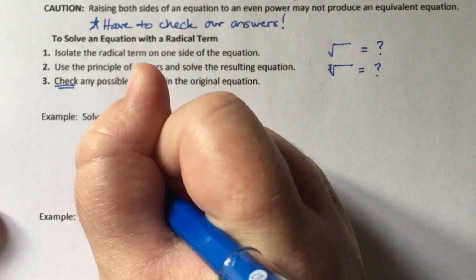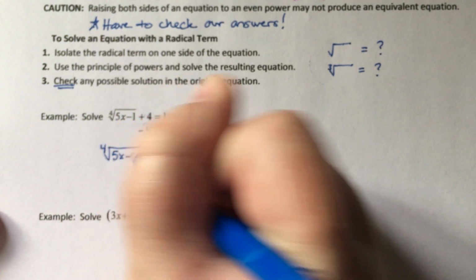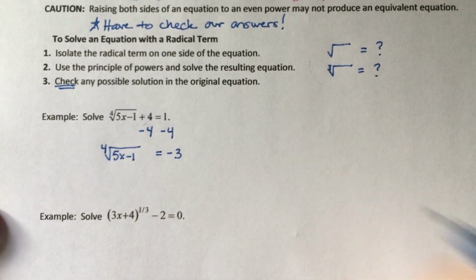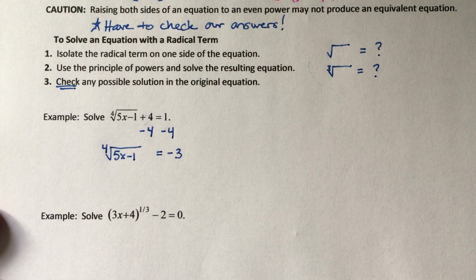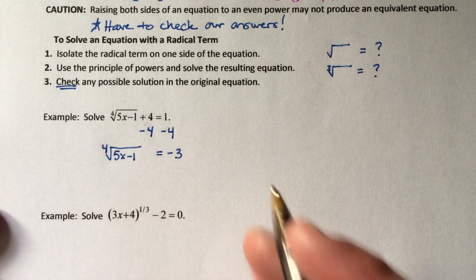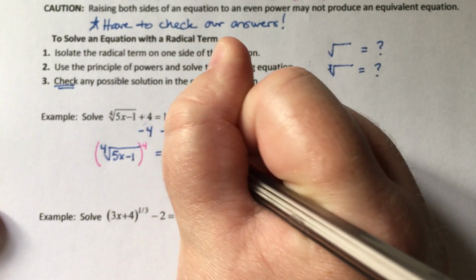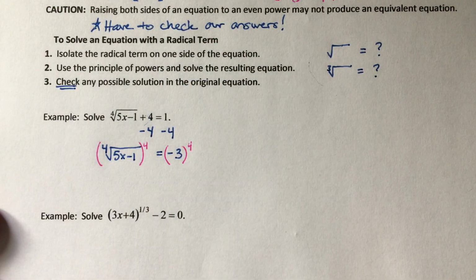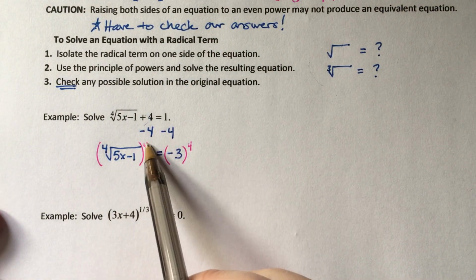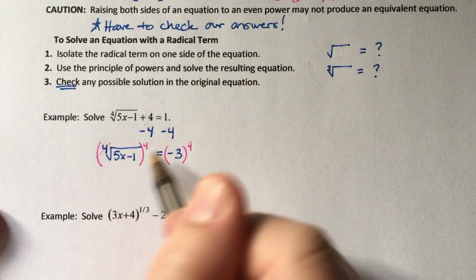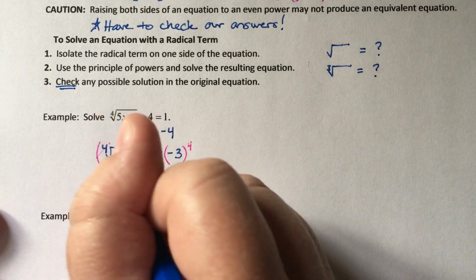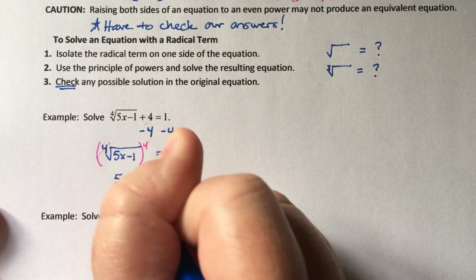That would give me the fourth root of 5x minus 1 equals negative 3. The way to undo this fourth root is to raise it to the fourth power. Fourth power and fourth root undo each other. So all we get left with over here is 5x minus 1.